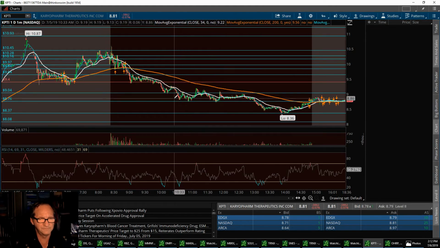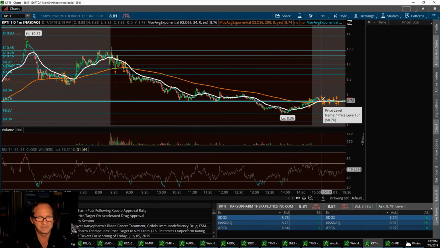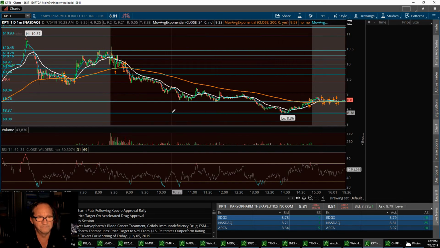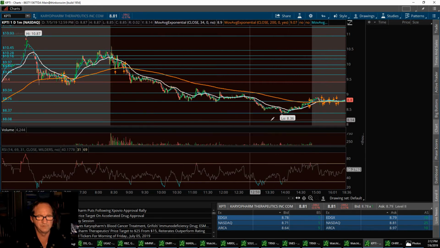Below it, I'm bearish. But I also will scalp these trades if they hit my trend lines and bounce back up to that 200. That would have been a scalp for me. That would have been 837 all the way back up here to this 876, about a 40-cent scalp. A couple of 100 shares, 500 shares, depends on how deep you want to go in this trade.